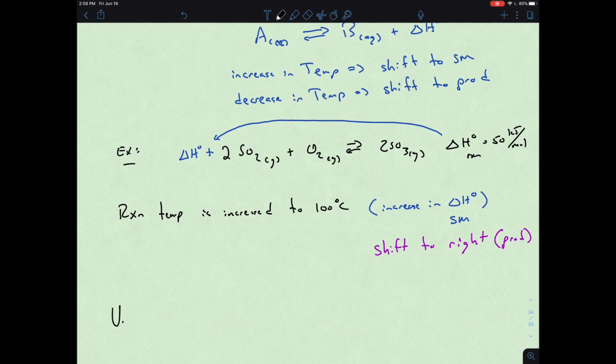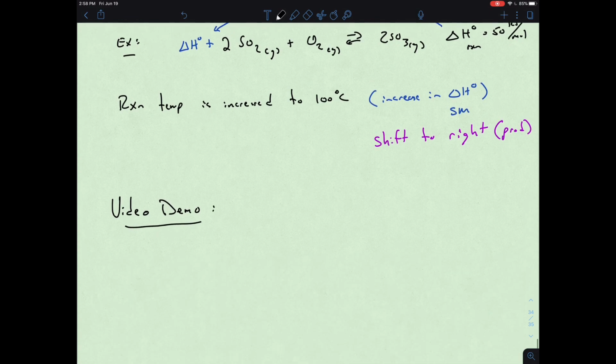As an example of all of these, we could look at a video demo. And of this video demo, we're going to look at these very colorful cobalt complexes, where here you have cobalt chloride hexahydrate.